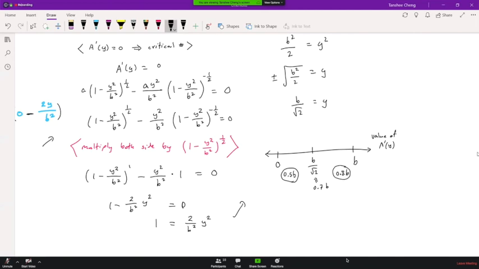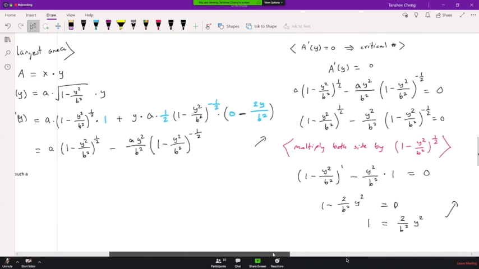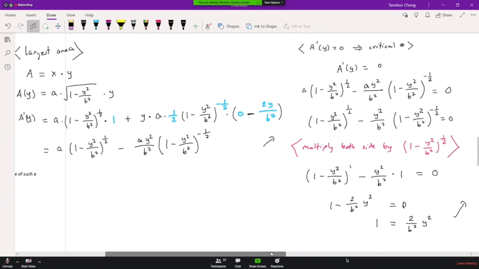This is where it's going to be a little bit tricky. You need to follow carefully right here and try to test it. So substituting y with 0.5b and so on and so forth.